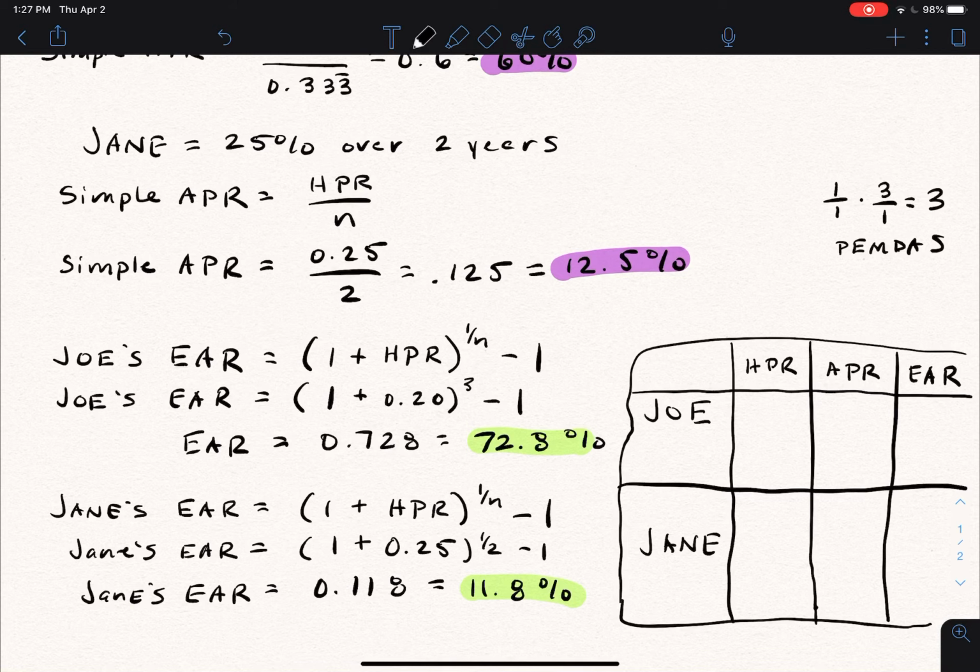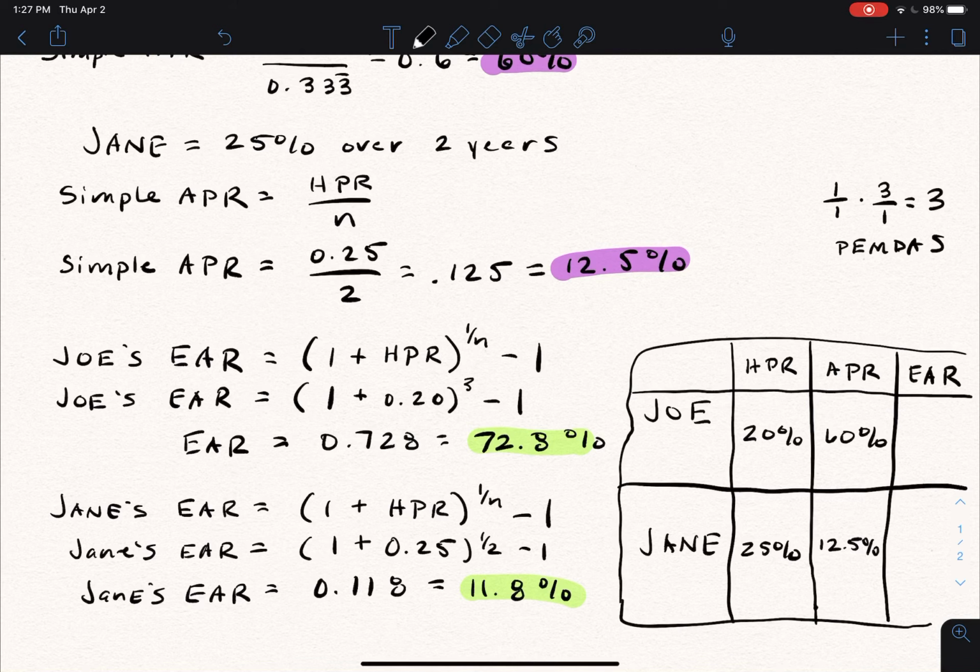And so Joe originally had a 20% holding period return. Jane had a 25% holding period return. So we initially thought, hey, Jane kicked Joe's behind, right? But then we converted it to a simple APR, and what we found was that, well, hold on a second, Joe actually had a 60% APR, while Jane only had a 12.5% APR, right?